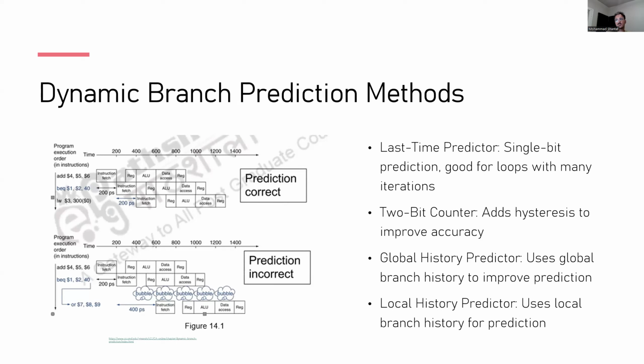Over here we have an example where the prediction is done incorrectly and where it's done correctly. As seen in the incorrect diagram, there's a bubble left because of avoiding using the LW in that case, and jumping into an OR example with 7, 8, 9 instead of just sticking to the 1, 2, 40, which caused a bubble and then a 400 PS instead of a 200 PS, which is more delay or stall in this occasion, which caused the prediction to be incorrect.